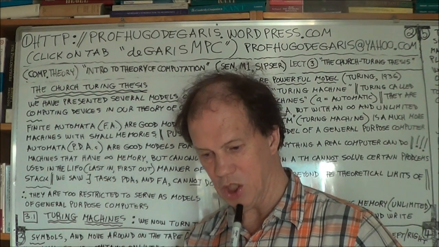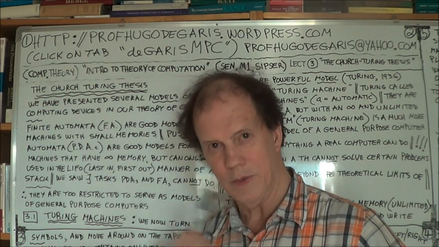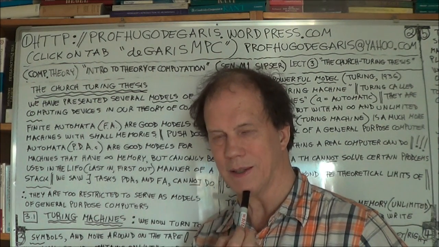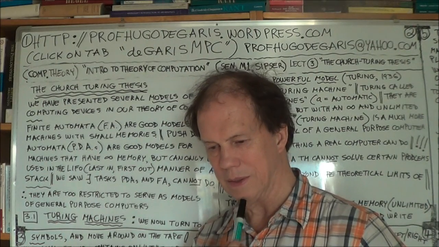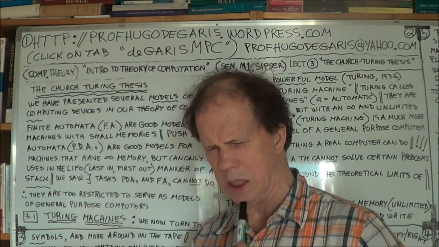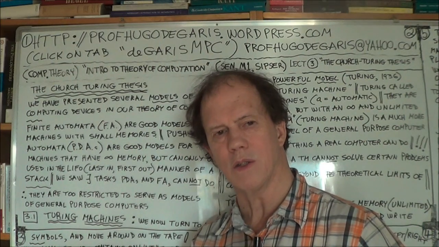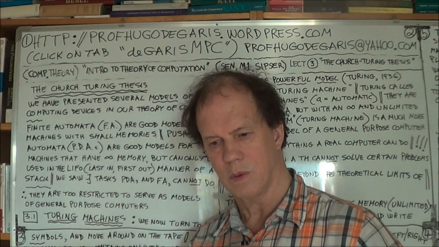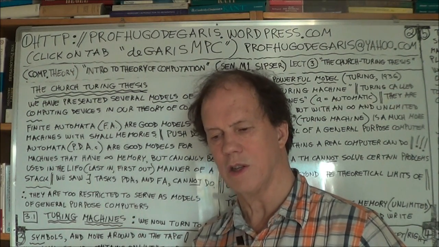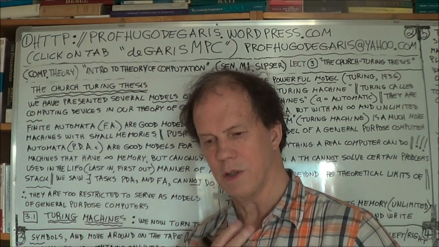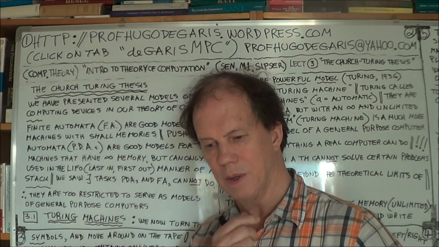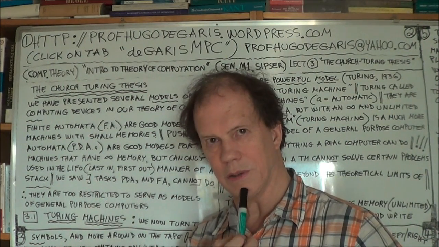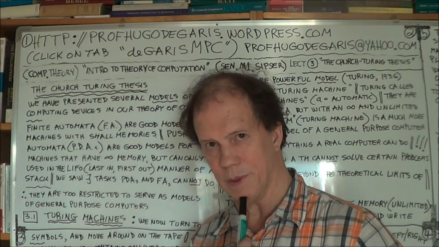So anything a computer can do, even today's supercomputers, with 10 to the power 16 operations per second. Trillion is 10 to the 12, quadrillion, that's 15, so 10 quadrillion calculations a second, state-of-the-art supercomputers today.